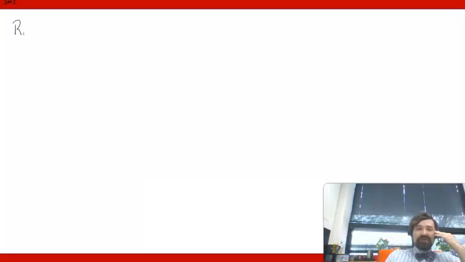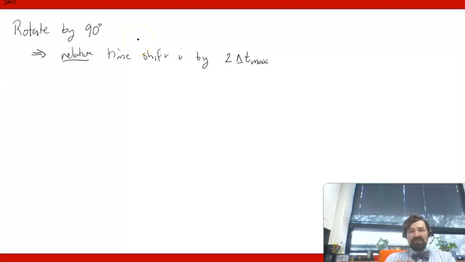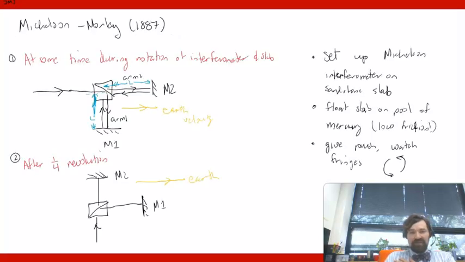Now, this maximum time difference is the difference in time between two arms for a given rotation or orientation. If we rotate everything by 90 degrees, what happens? Well, then we basically have a relative time shift between the two arms of 2 delta t max. So basically what we've done is gone from diagram 1 to diagram 2 in our Michelson diagram.